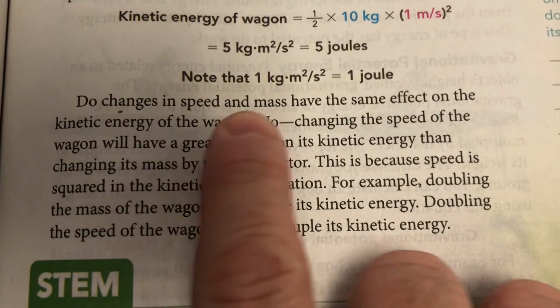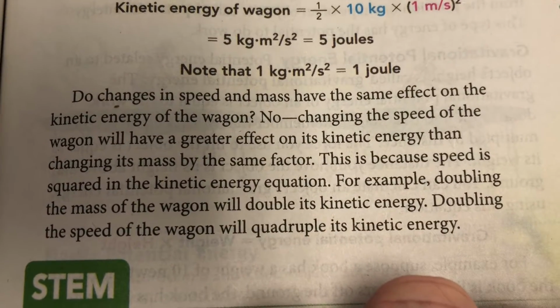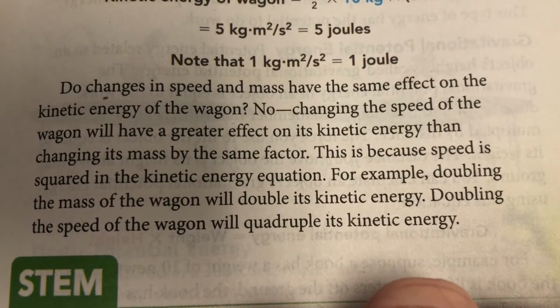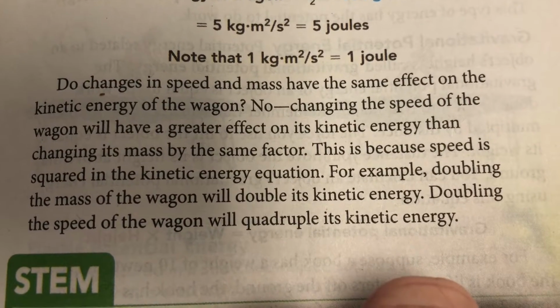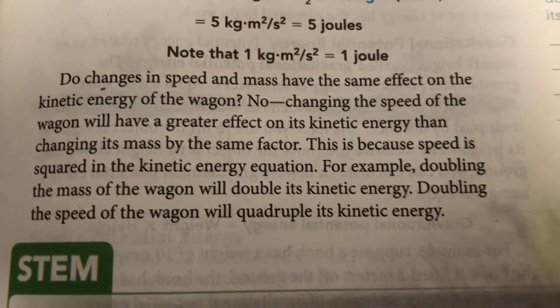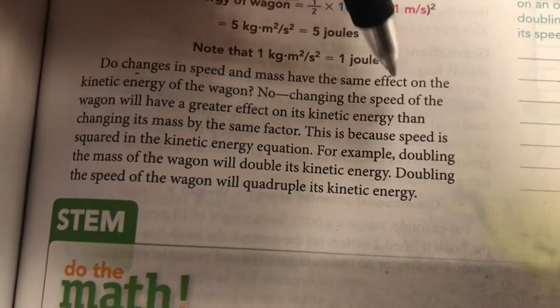Do changes in speed and mass have the same effect on kinetic energy of the wagon? No. Changing the speed of the wagon will have a greater effect on kinetic energy than changing its mass by the same factor. Let me say that again.